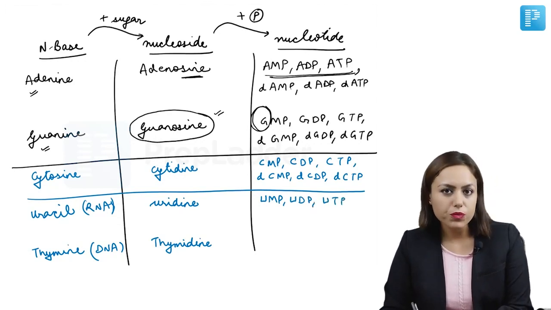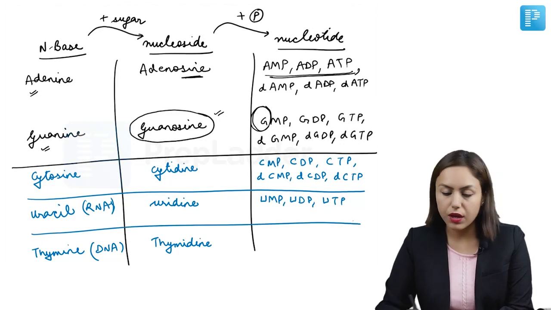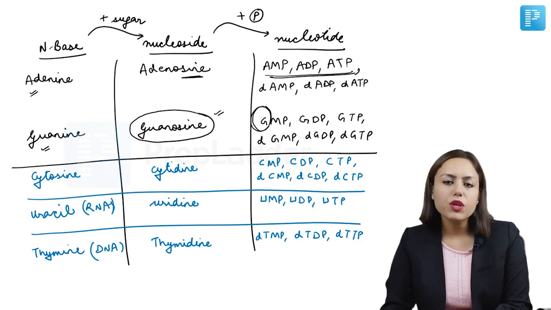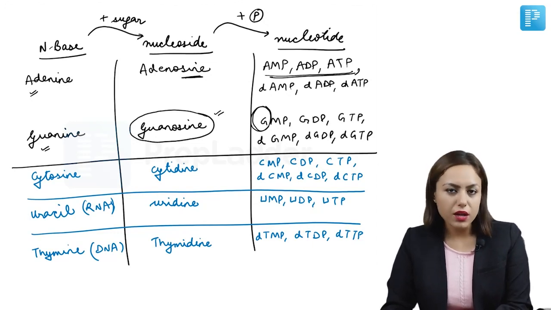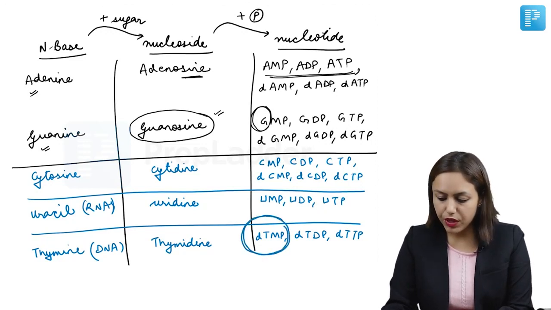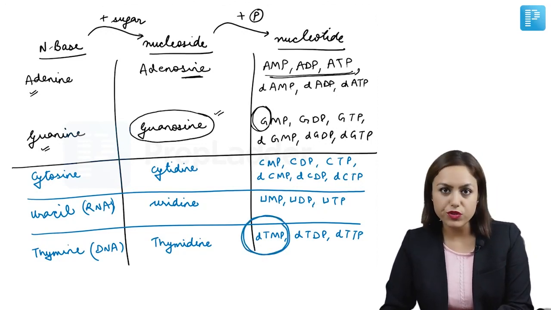There are no deoxy forms because it is only in RNA. Then for thymine, we have deoxy-TMP, deoxy-TDP, deoxy-TTP, only the deoxy forms because thymine is not there in RNA. So tell me the full form of deoxy-TMP. It will be deoxythymidine monophosphate, right?